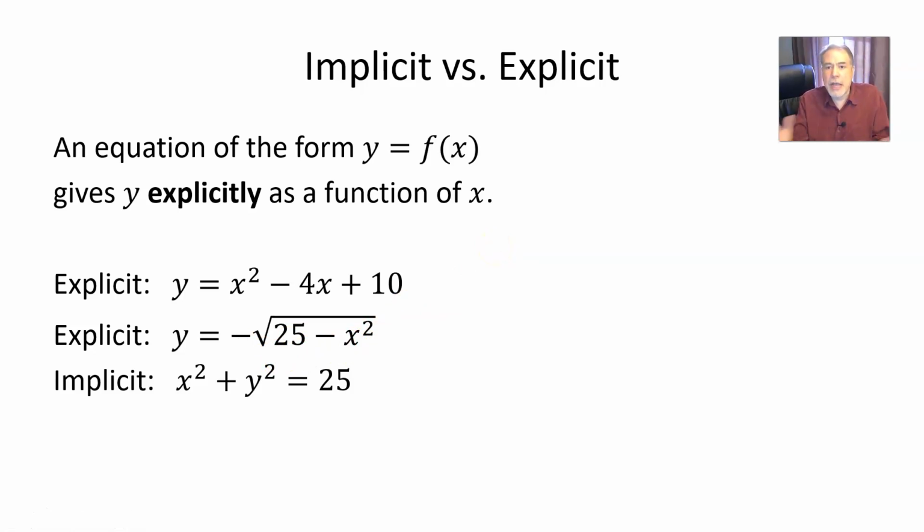But if the equation is not solved for y, if it's got the x's and y's all sort of mixed up together, you can still think of it as, okay, y depends on x. So that whatever number you put in for x, that kind of determines what y has to be to go along with it. So you can think of an equation like that as implicitly defining y as a function of x, possibly more than one function, like the positive or negative square root. So it's not really the differentiation that's implicit, it's the way y is defined as a function of x that's implicit.